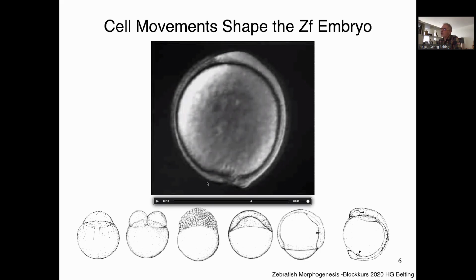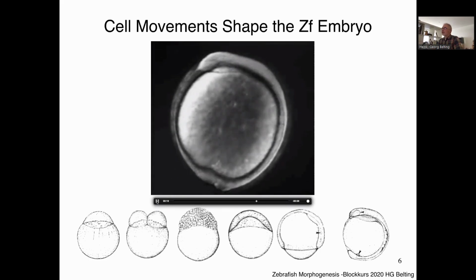These cells will become the tail. And this is basically everything from the yolk extension up to the head. And here you really see now the new body axis. You have anterior up here and posterior here. So that corresponds in general with the animal-vegetal axis. And you see obviously that this will become the head and this becomes the posterior structures. This also has some interesting features here, but we don't discuss that today.